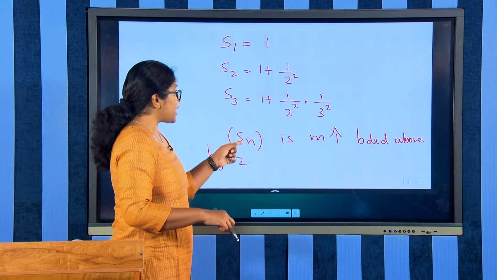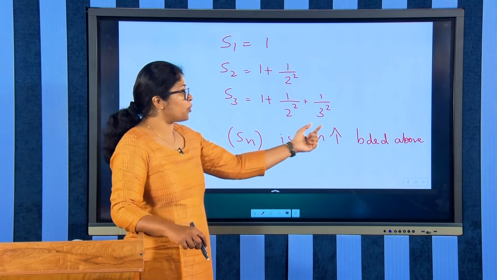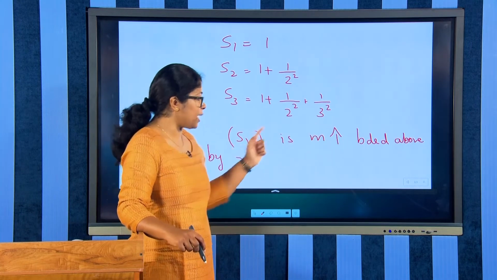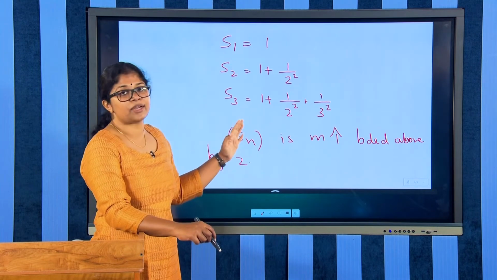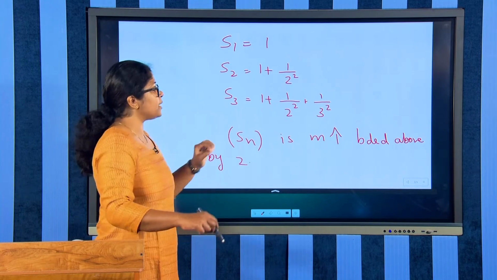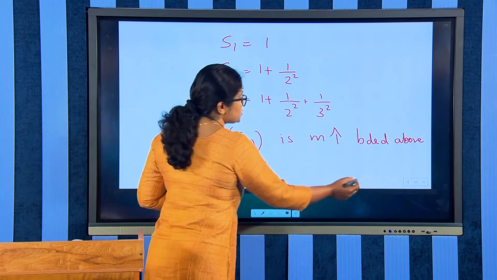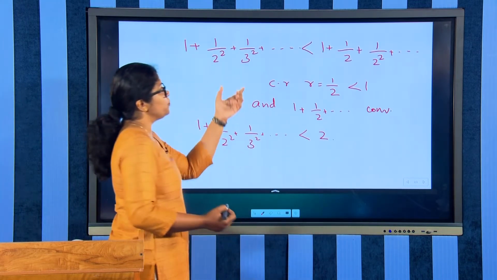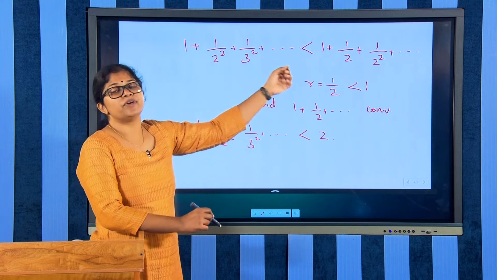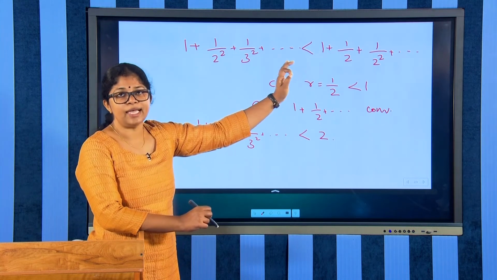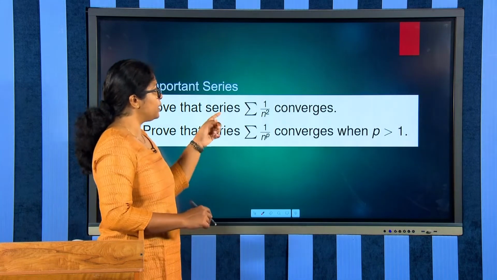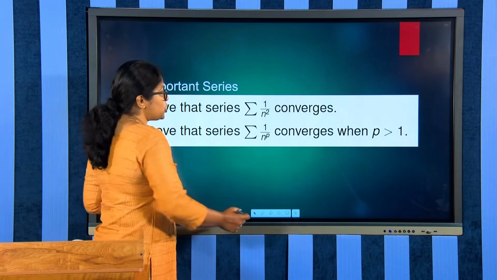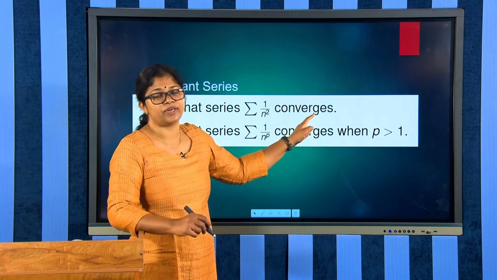So we can say that since the sequence Sn is monotonic increasing and bounded above by 2, this sequence of partial sums converges to 2, and in other words, this series also converges to 2. So this series converges to 2, and 2 is the limit. That is how we prove that the series summation 1 upon n square converges.